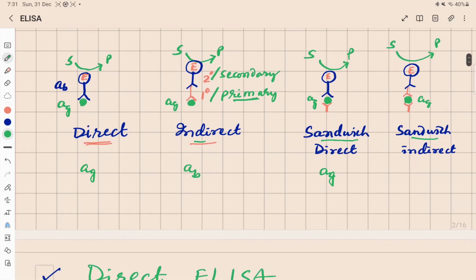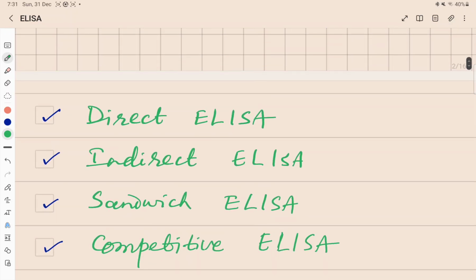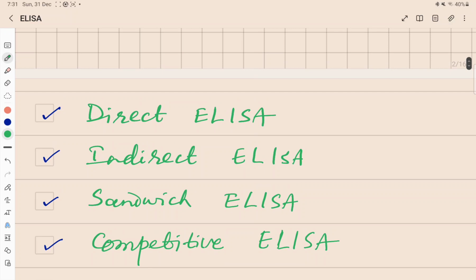And the fourth type of ELISA is the competitive ELISA. That means when we cannot sandwich the antigen between two antibodies, then we use this competitive ELISA. Suppose there is one antigen, and to this antigen we add two types of antibodies, one unconjugated and the other conjugated with the enzyme.